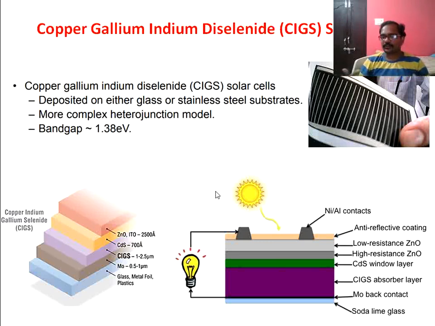We can use either zinc oxide or indium tin oxide as anti-reflective coating, and the metal contacts are made of either aluminium or nickel, and the soda lime glass, which usually is placed at the top, is now placed at the bottom. That is the soda lime glass used here. These are called heterojunction solar cells. So you can see on the right side the diagram of a CIGS. They are very, very thin films. It is about the second generation solar cell.